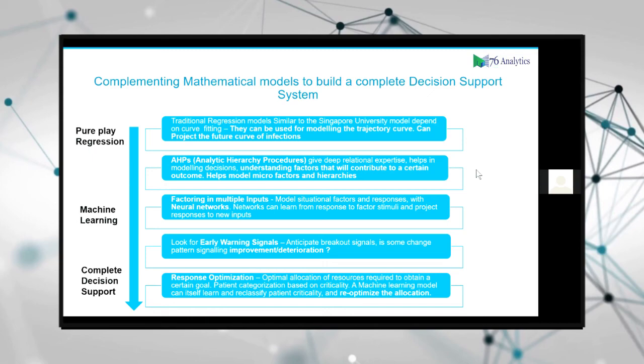You can also use learning networks, which are neural networks. They are an old science, not a new science, but in the current scenario, the availability of data has made neural networks very useful. You can even use neural networks to simulate how the system responds to different data inputs.